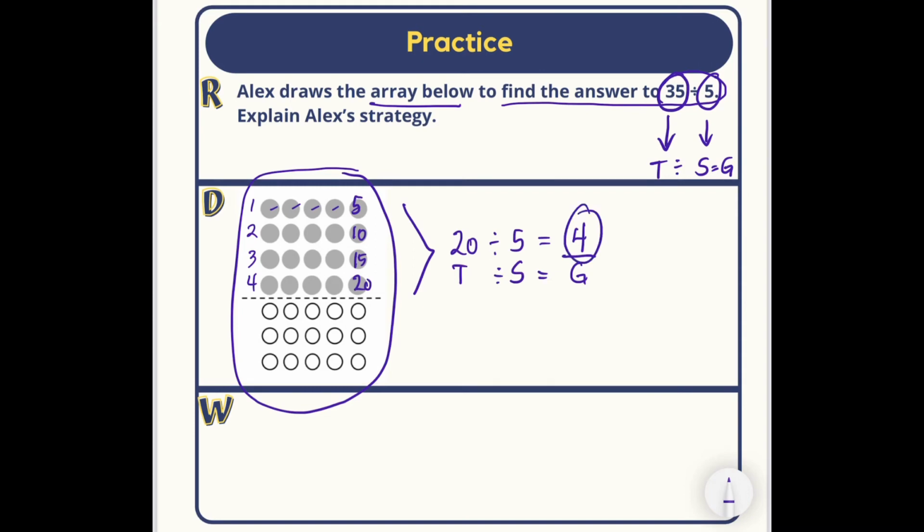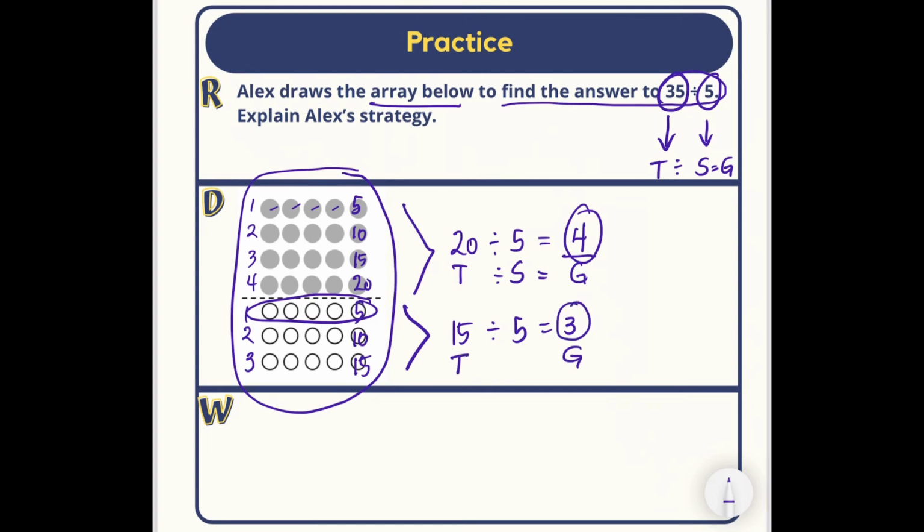And so we found our answer is 4. Now let's go to the bottom array. We have total 5, 10, 15 divided by the size, which is 5, equals how many did we make? 1, 2, 3. So that means 15 divided by 5 equals 3.